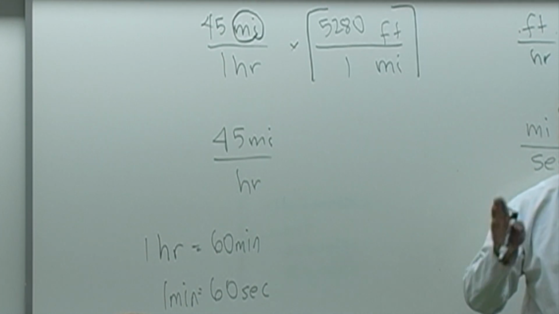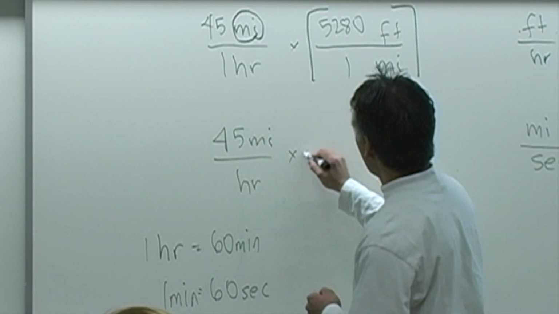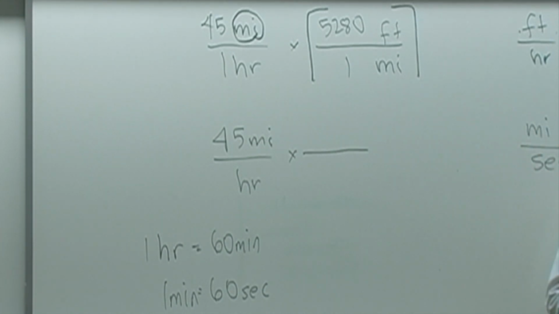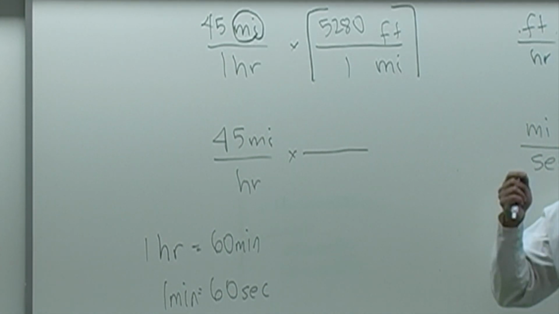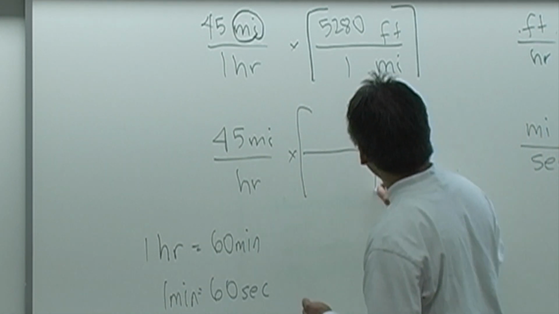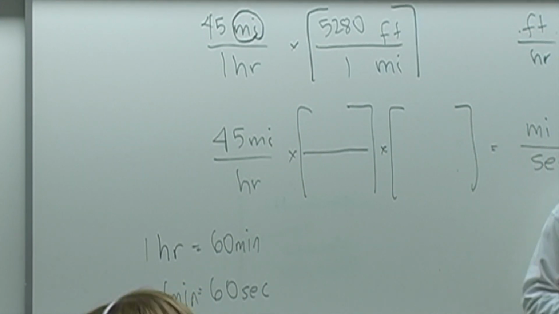So I'm going to use 2 conversion factors. The first conversion factor will take me from hours to minutes. The second conversion factor will take me from minutes to seconds. So this is my first conversion factor, this is my second conversion factor, and hopefully that'll give me the answer.